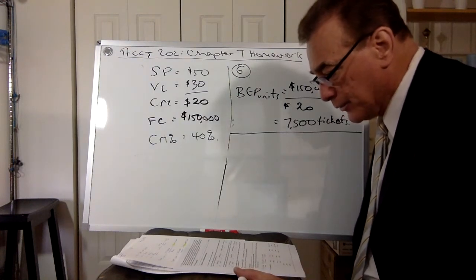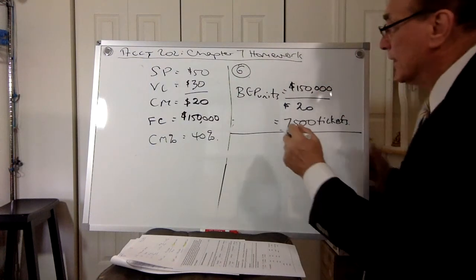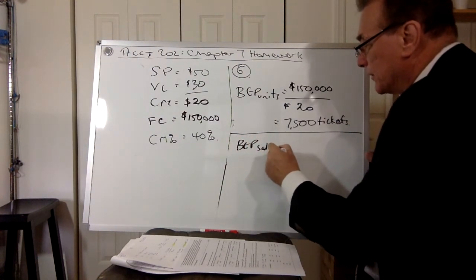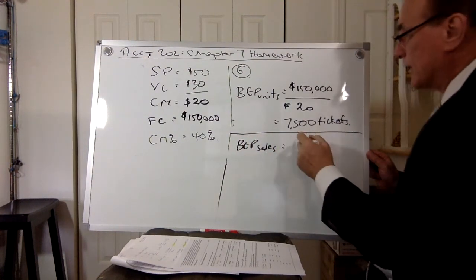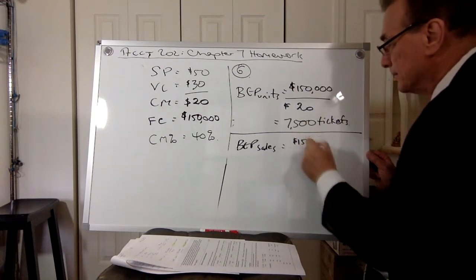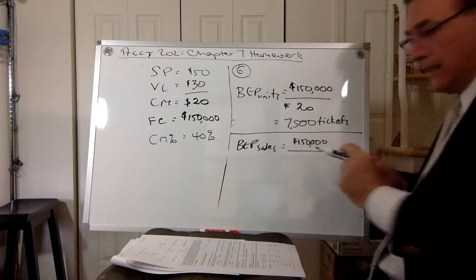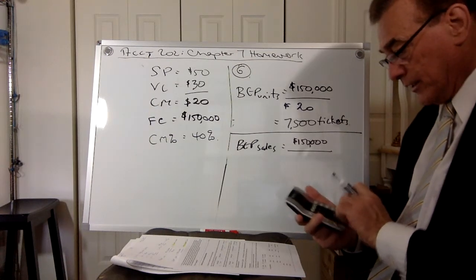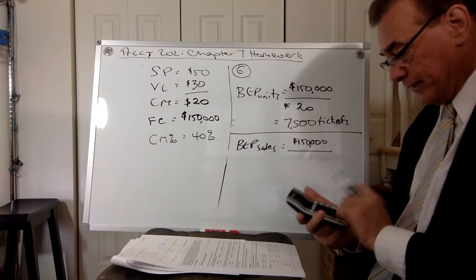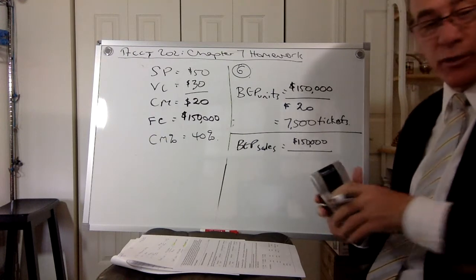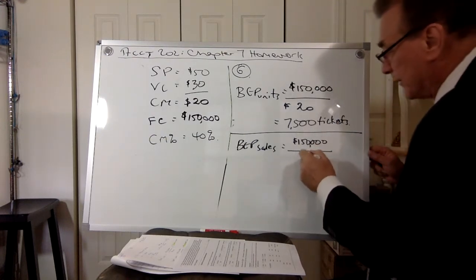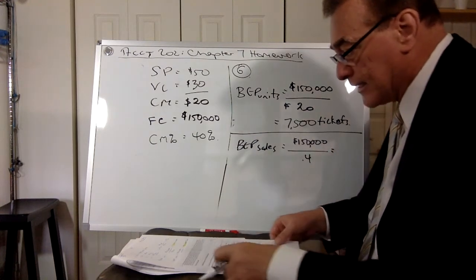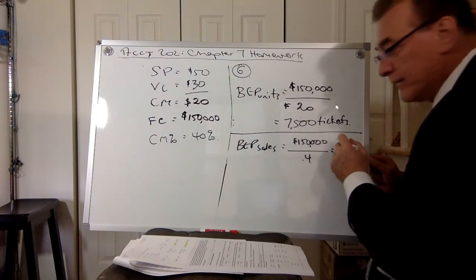And then part 2, we haven't done it in sales yet. For the break-even point in sales, if we do it the fast way, we take the 150,000. Our contribution margin ratio is $20 divided by $50, which is 40%. So you divide by 0.4, and 150,000 divided by 0.4 is 375,000.